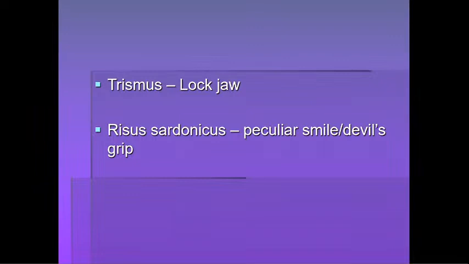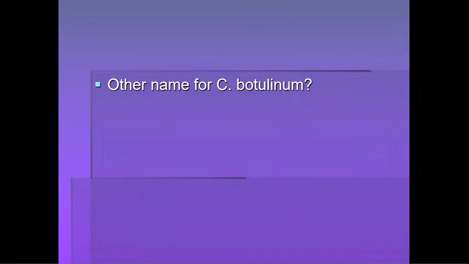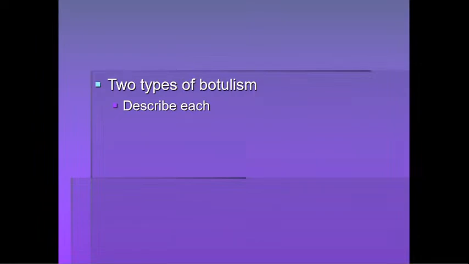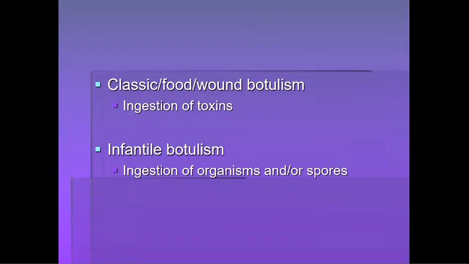Okay? Now let's move on to a different Clostridium species, Clostridium botulinum. Another name for Clostridium botulinum is the canned goods bacilli. There are two types of botulism, of course. Classic food-borne or wound botulism, and the other one is infantile botulism. Okay, ingestion of toxins can cause classic or wound-borne botulism.